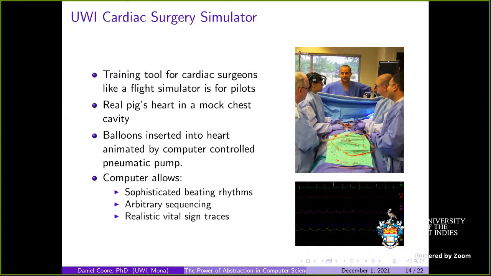It also means that we could set up any kind of condition that a patient might be undergoing. This is a simulated patient. And we can then arrange for crises and emergencies to arise when a resident is being trained. And of course, the computer is really responsible for two things here as it regards the display.